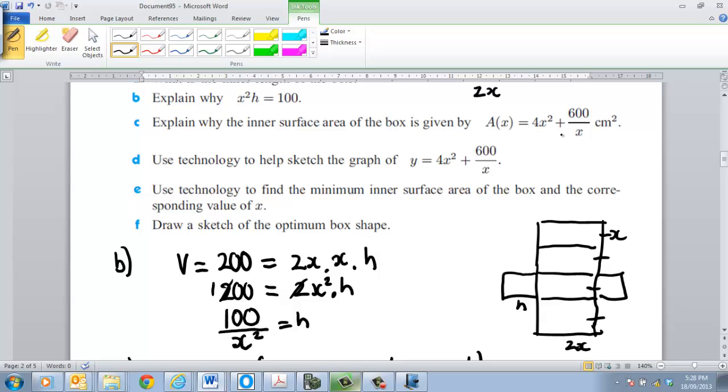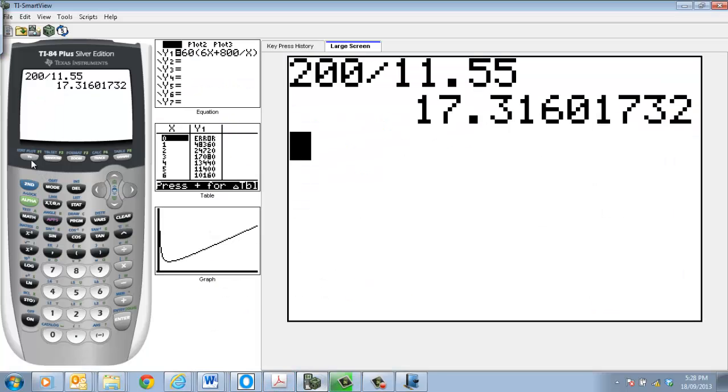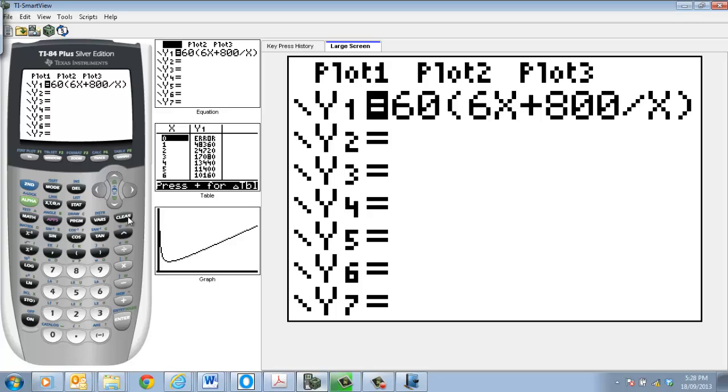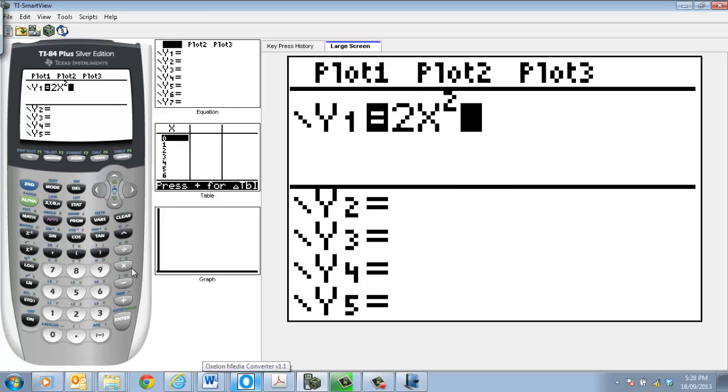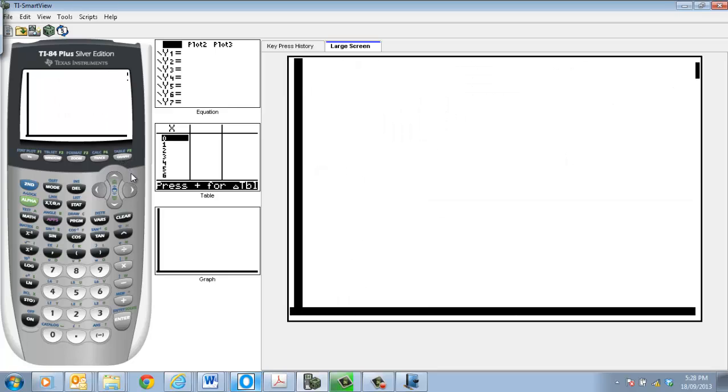The next step, fairly predictably, is to sketch a graph of that. So we go to our calculator, to our function over here, and clear that. It was 4x squared plus 600, divide that by x, and then we graph it.